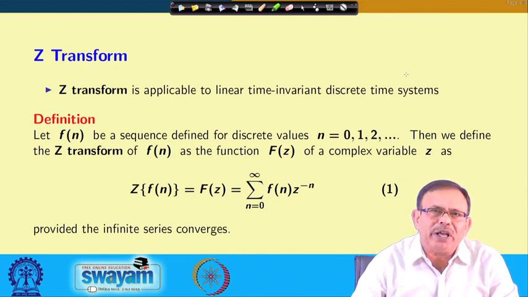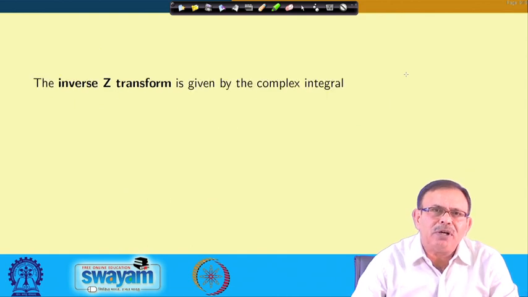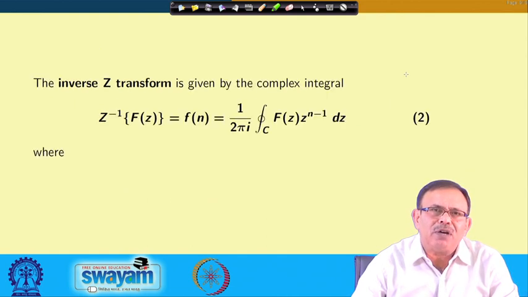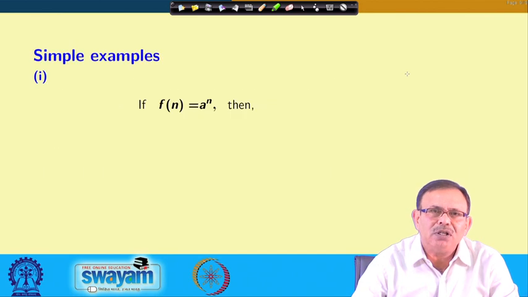And similarly the inverse we can find out this way, Z inverse f z equals 1 by 2 pi i contour integral over c f z into z to the power n minus 1 d z.